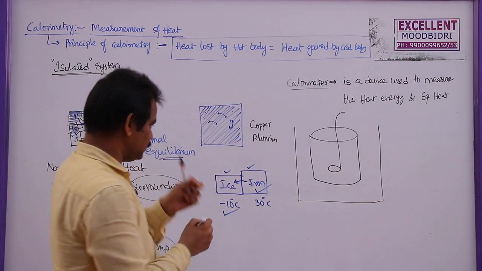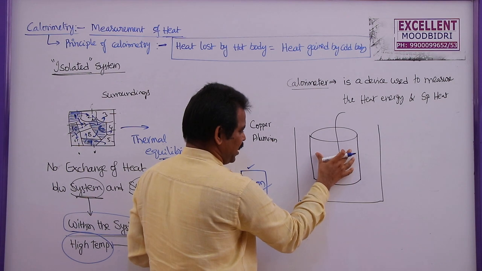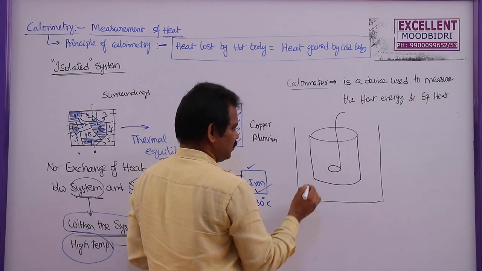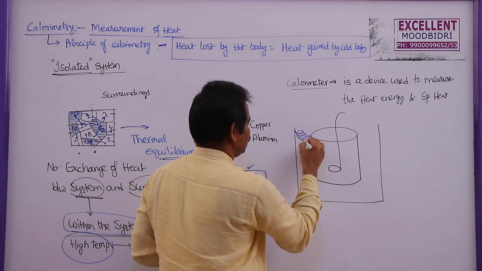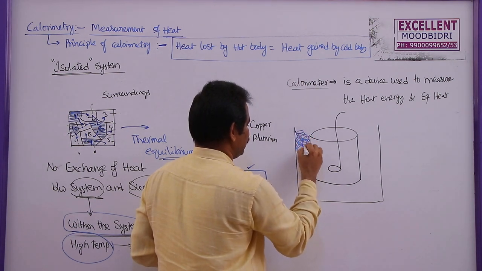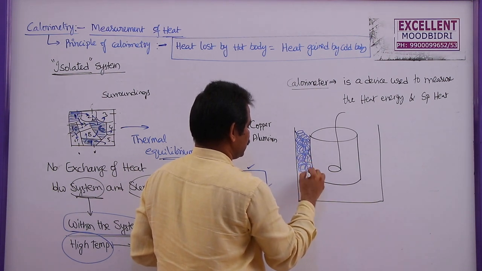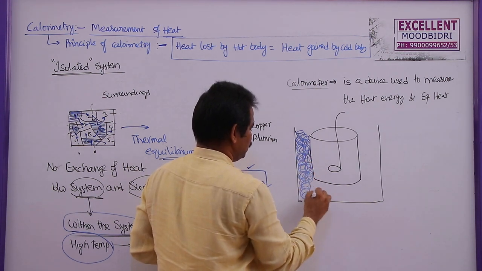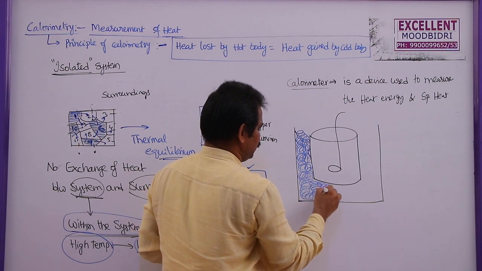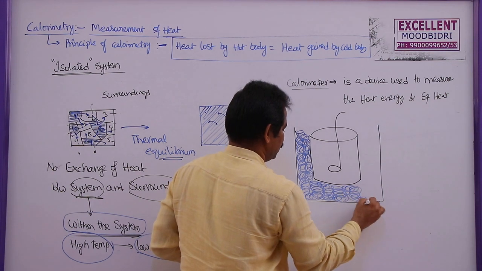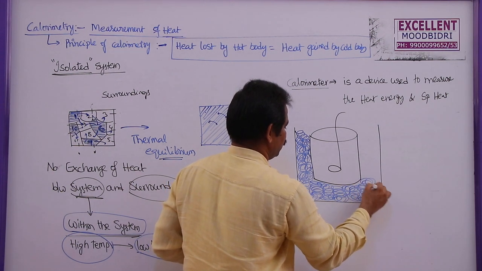Between this metallic vessel and the wooden box, a non-conducting material, generally glass wool or cotton, is placed such that it will oppose the flow of heat from this aluminum or copper vessel to the surroundings.